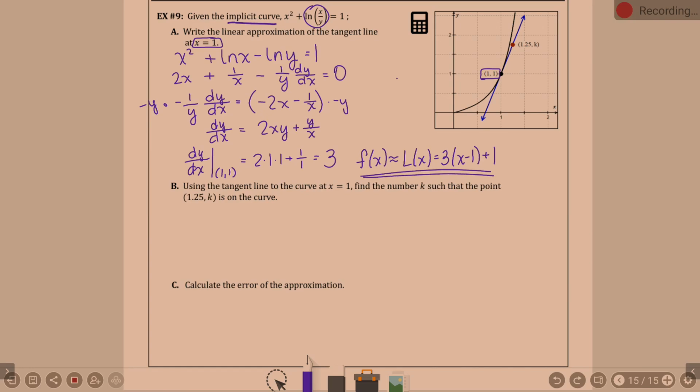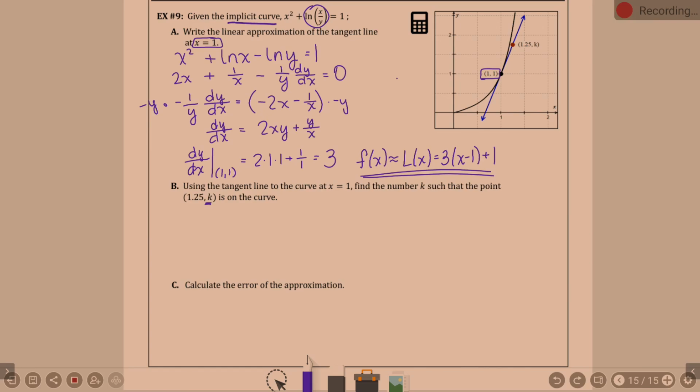Okay, B. Using the tangent line to the curve at x equals 1, find the number k such that the point 1.25 comma k is on the curve. Calculator. So when we're finding that k, all we're doing is finding the y value here.